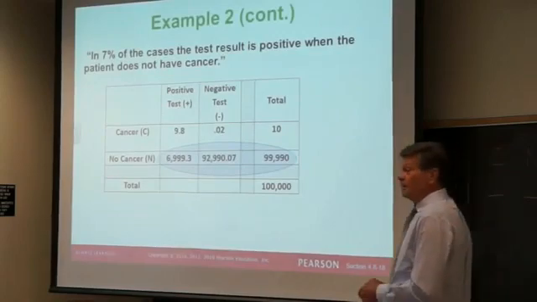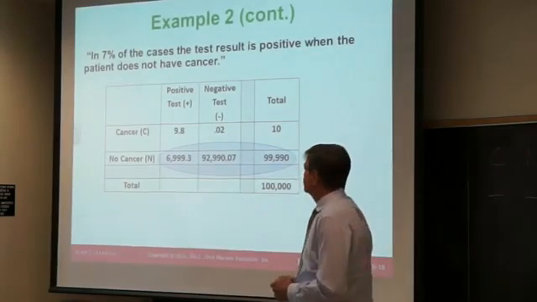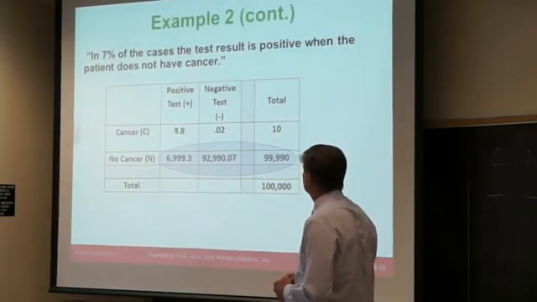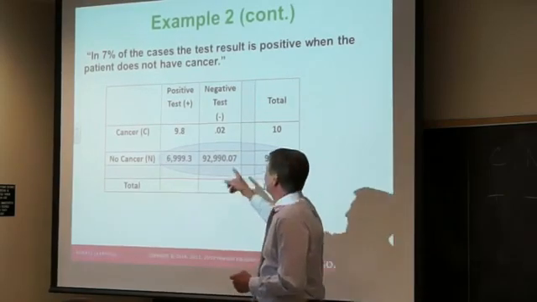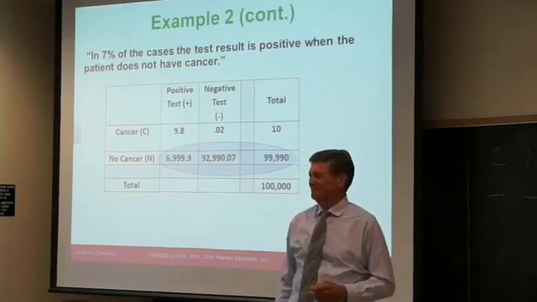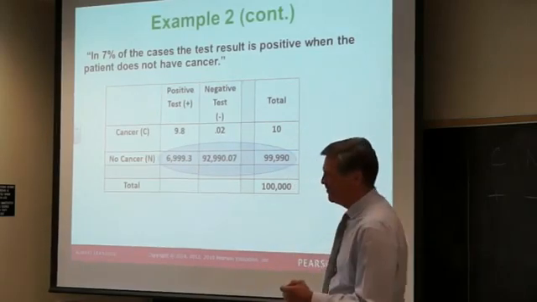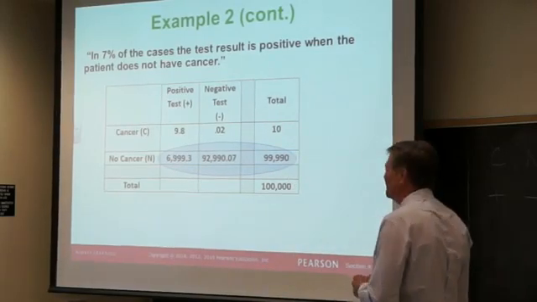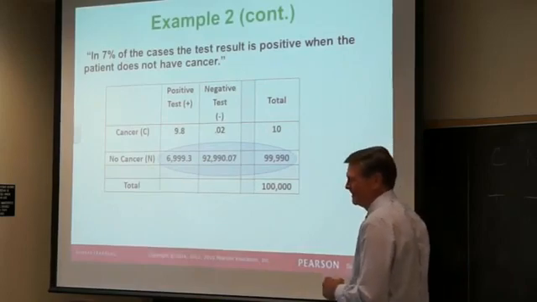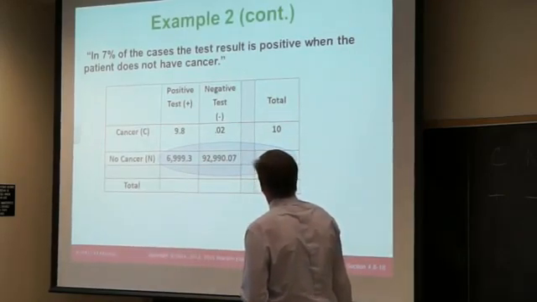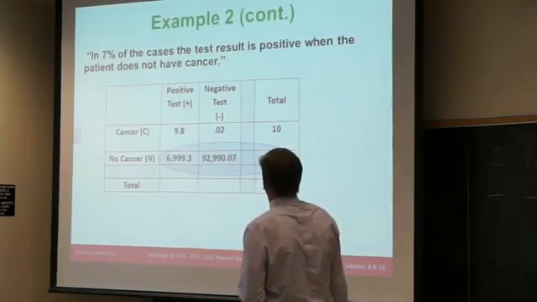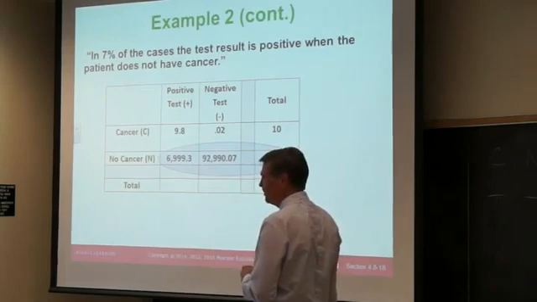The next piece, yes? Sir, isn't 9.8 and 0.02 wrong? Because together that many... Oh, 0.2. I did that. Thank you. I go over these so carefully too. So the second one should be 99,990. Oh man, gotta do this on Paris weekend too.